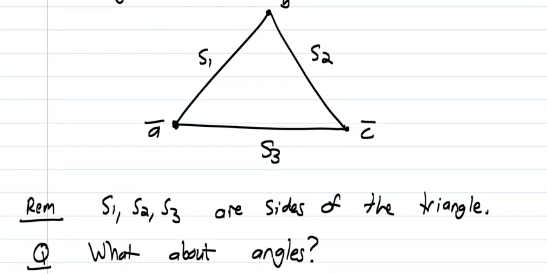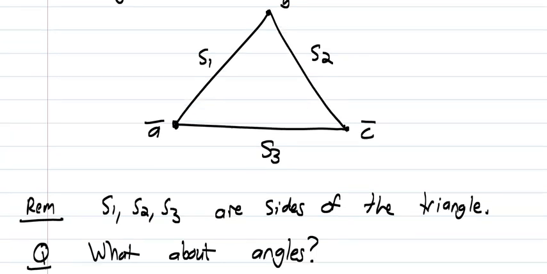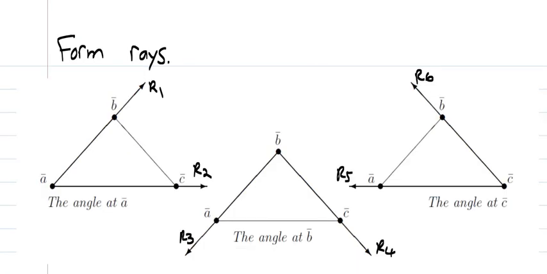So this is all nice and dandy, but what about angles? We know that a triangle has three sides and three vertices, but it also has three angles. So how do we work out the angles? As we saw from the very first video in part 1, we need to construct rays. So we're going to talk about the angle at A, the angle at B, and the angle at C. This is how you do it: you construct rays.